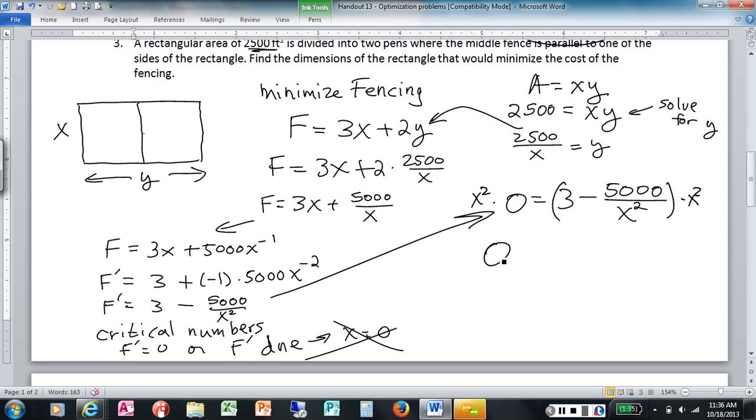X squared times 0 is 0. X squared times 3 would be 3x squared. And then the x squared times the 5,000 over x squared would just be minus 5,000, wouldn't it? So that looks like a nice enough equation. What do you want to do? Add the 5,000 and divide by 3.